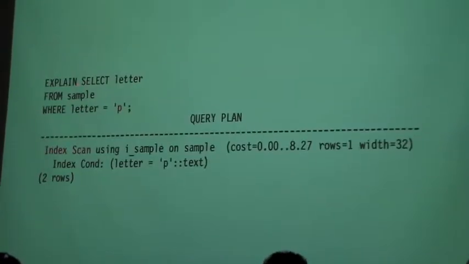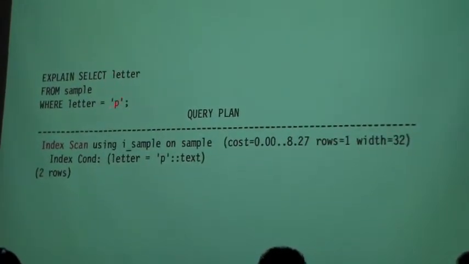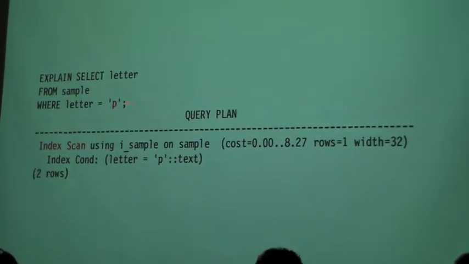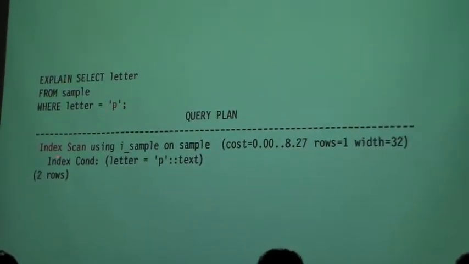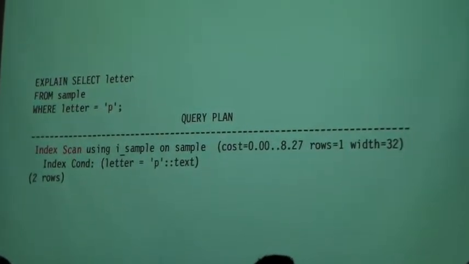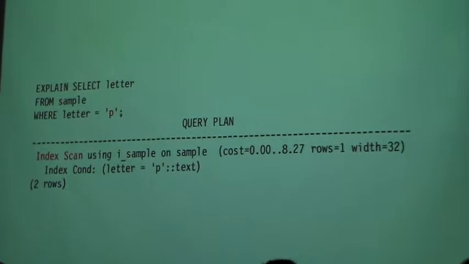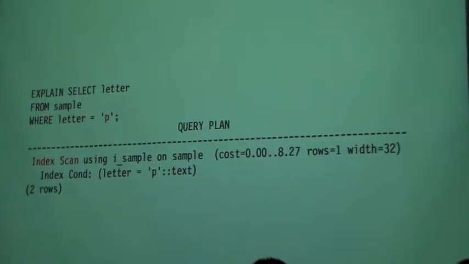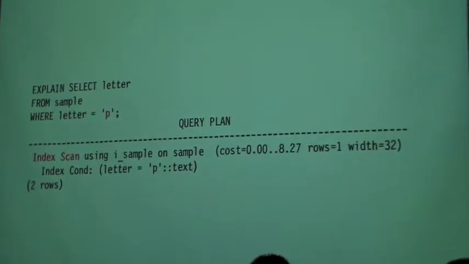If I just do this query right here and say, give me a P, what it actually ends up doing is something called an index scan. That's my most common value, right?